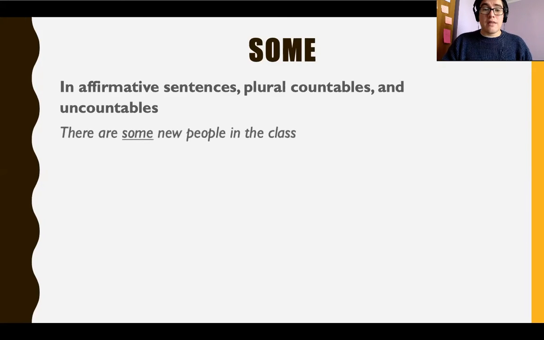For example, there are some new people in the class. In this case, we're talking about a few people, some new people in the class. This is plural countable. We're talking about people. It's a plural and can be counted.